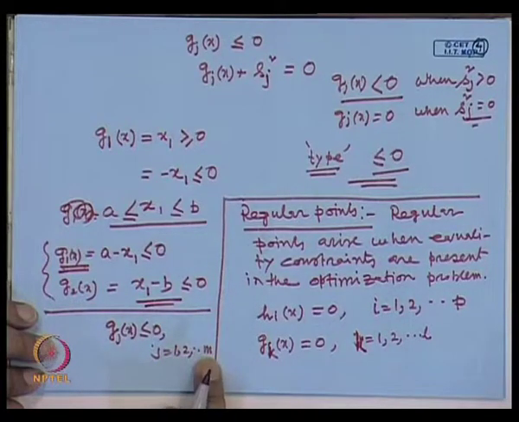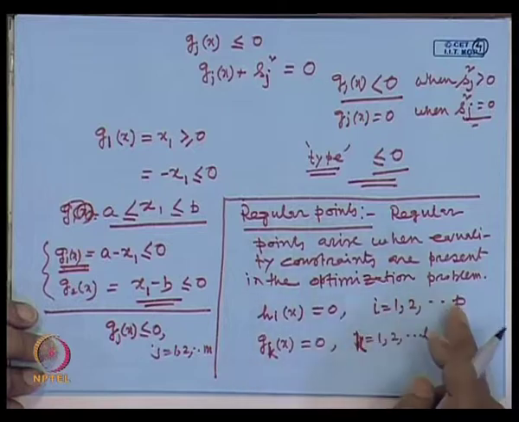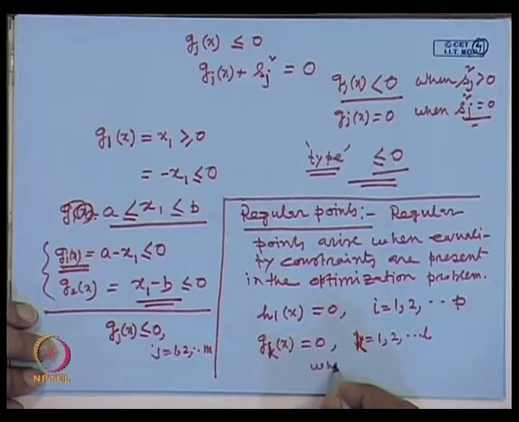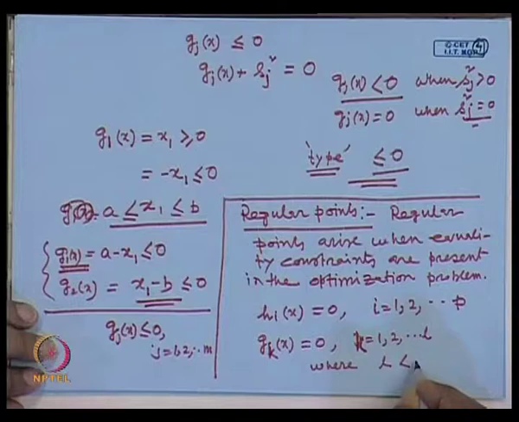Out of these m inequality constraints g_j, we have l active constraints, where l is less than m.